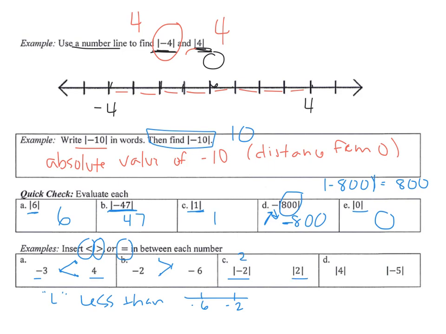The absolute value of 2 is 2. So these two are equal. Letter D, the absolute value of 4 is 4. The absolute value of -5 is 5. So the bigger number needs 2 dots on it. So 4 is less than 5.